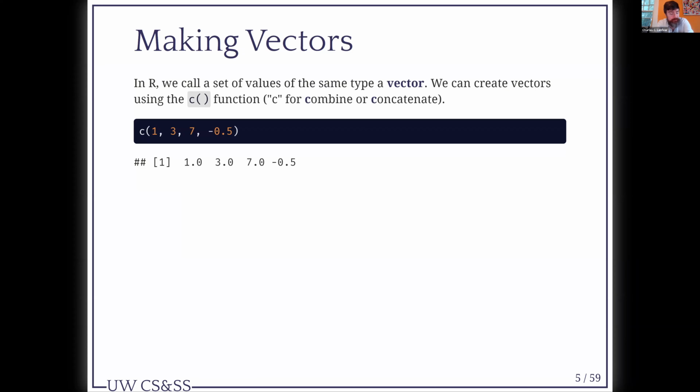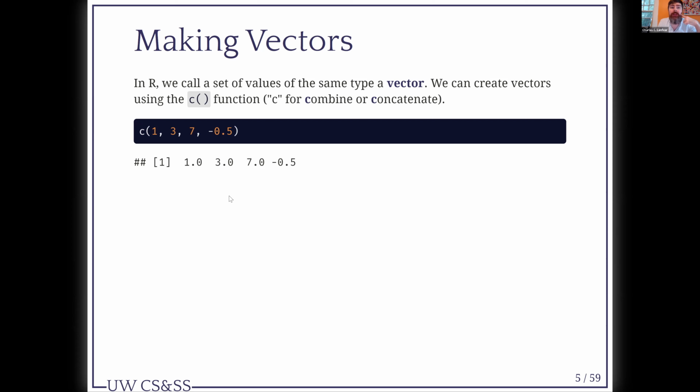So, vectors. What are vectors? In R, we just call any set of values of the same type a vector, right? We can create vectors. One way we can do it is with the c function, which stands for combine or concatenate, which we've used a bunch of times so far.